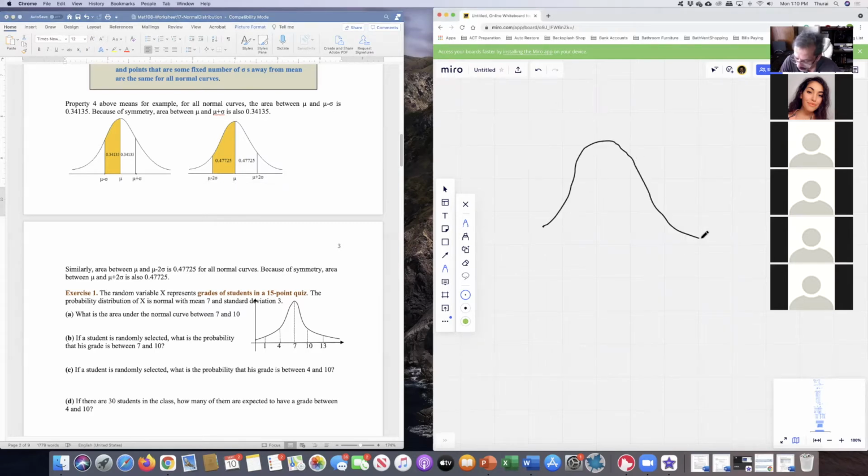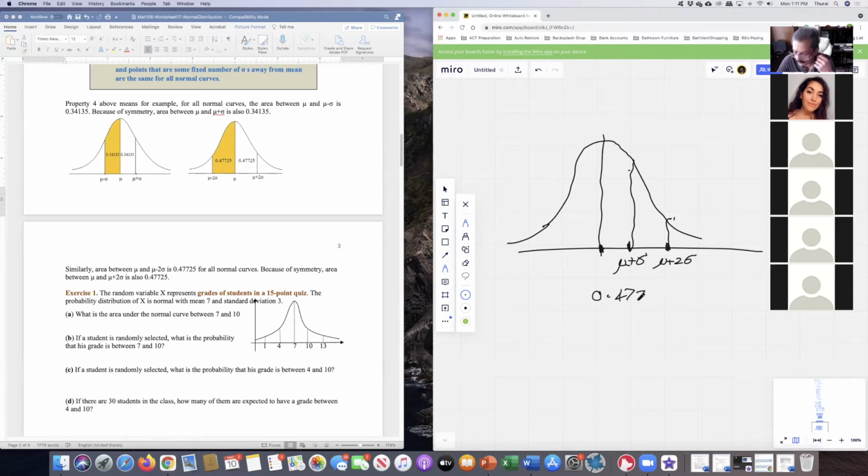This is my normal curve, and this is the mu, always in the middle, and mu plus sigma is right here. Mu plus 2 sigma is here. And so the area between these two is the question. Now, the area between mu and mu plus 2 sigma is given to us as 0.47725. And the area between mu and mu plus 1 sigma is equal to 0.34135.